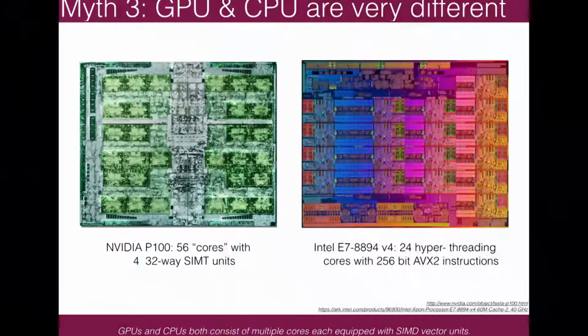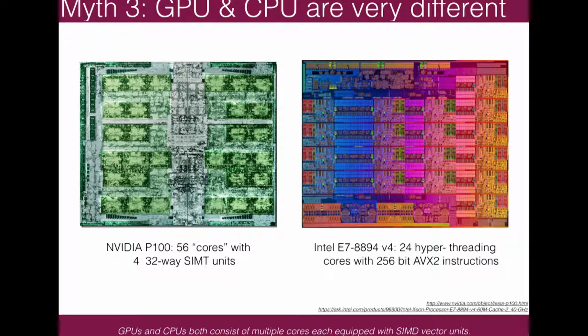Myth 3, CPUs and GPUs are very different. Well, here's a couple of examples. Here's the Pascal Nvidia P100. Whatever Nvidia says, it doesn't have thousands of cores, it has 56 cores. Each has 4 32-way SIMT units. The Intel of comparable generation had 24 cores with 256-bit AVX2 instructions.